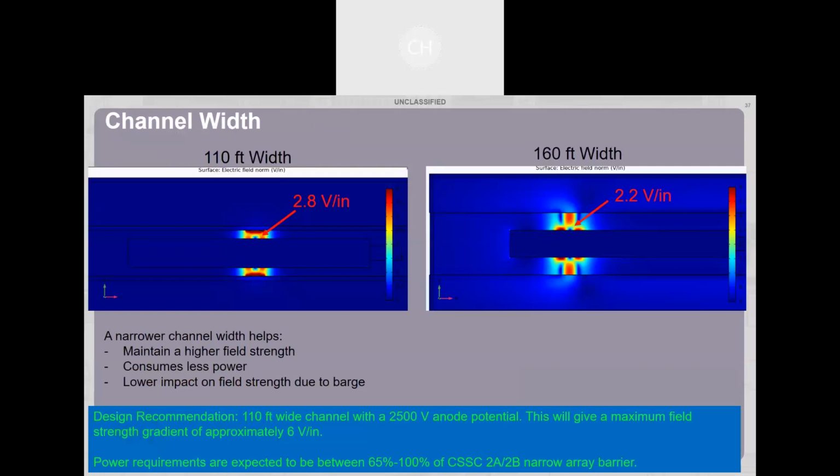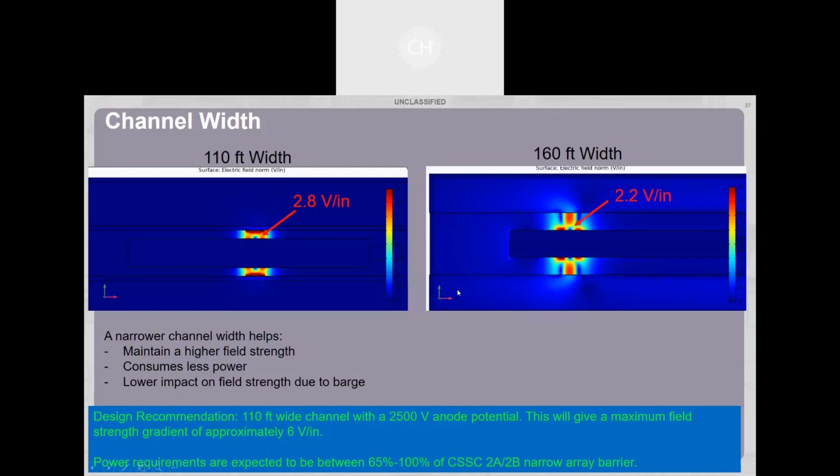One of the design ideas we've talked about with Brandon Road is about the width of the actual channel. Just like the depth of the water, the more depth, the more resistance. The wider the channel, the more resistance as well, just more water.